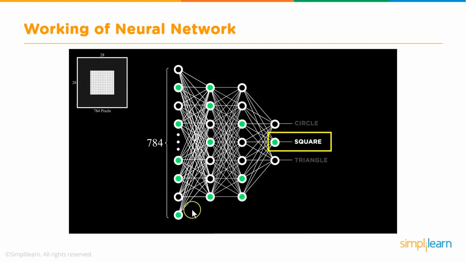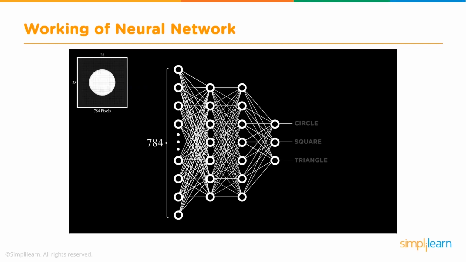Now, during the training process, when you initially feed this image, it might say that it's a circle or a triangle. So, as a part of the training process, we then send that error back, and the weights and biases of these neurons are adjusted to correctly identify that this is a square. That is the training mechanism, really, that happens here.